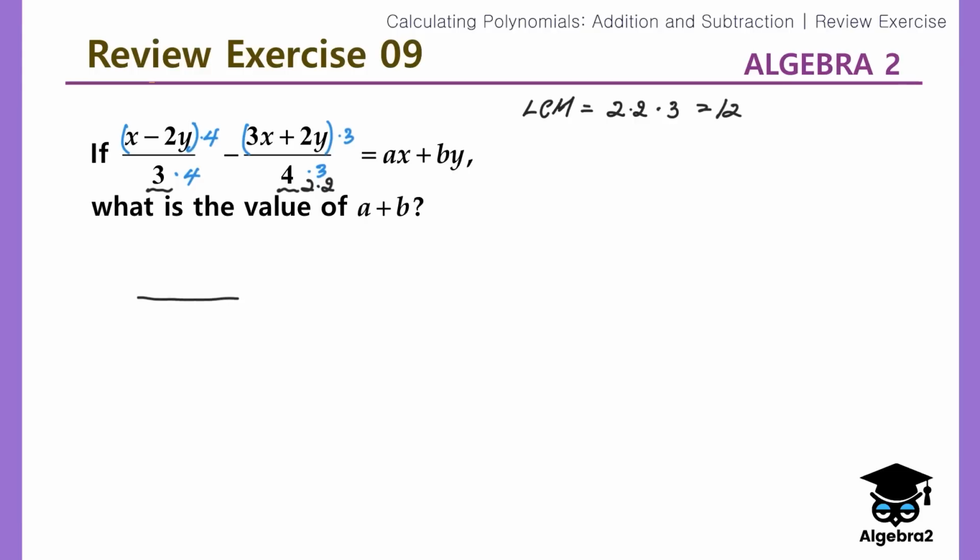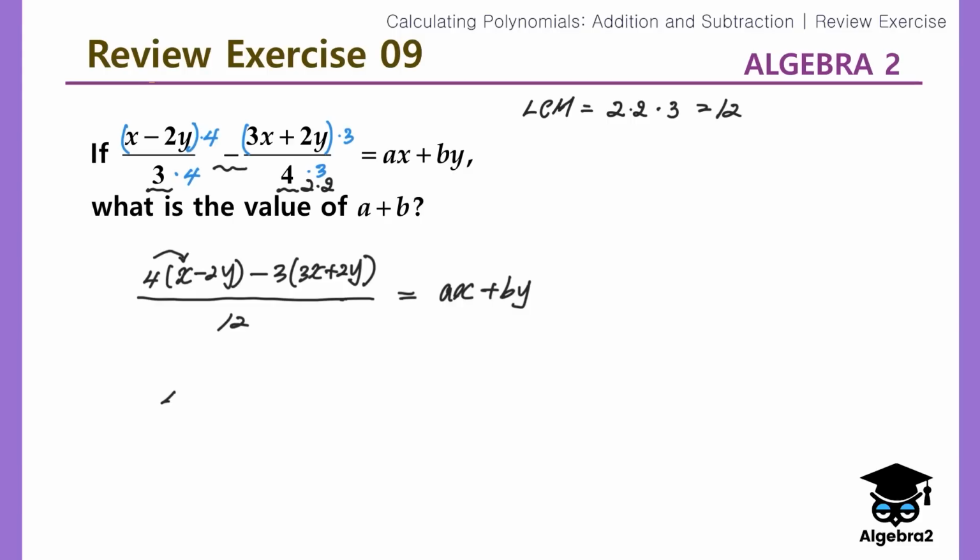So the common denominator is 12 now, and we have 4 times x minus 2y minus 3 times 3x plus 2y, is equal to ax plus by, right? So let's simplify the numerator. 4 times x, that's 4x. 4 times minus 2y, that's minus 8y. Minus 3 times 3x, that's minus 9x.